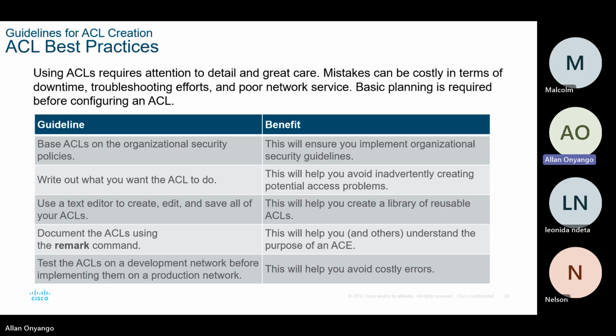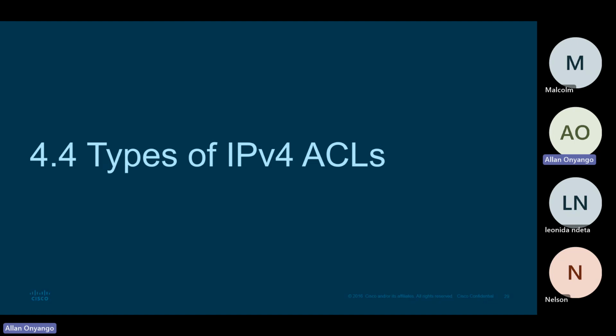In ACLs, also document them by explaining what the ACLs do, so that someone can understand your lines of ACL. Then finally, test your ACLs within a development environment like Packet Tracer or GNS3. This is going to help you avoid costly errors within your network.